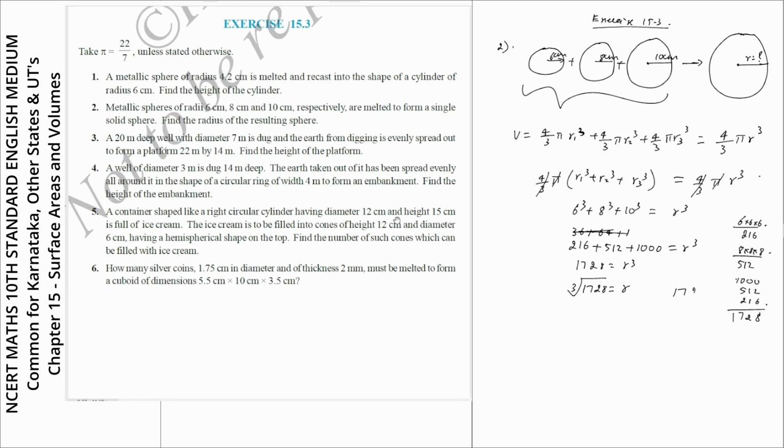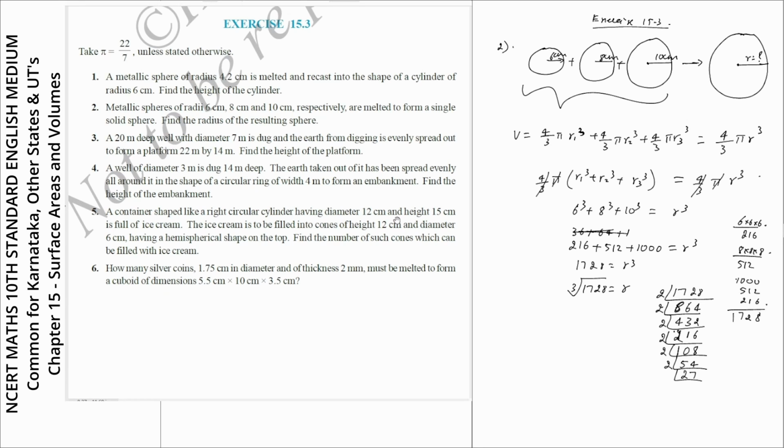To find r, factor 1728. It's divisible by 2, then divisible by 2 again, and again, six times in total.